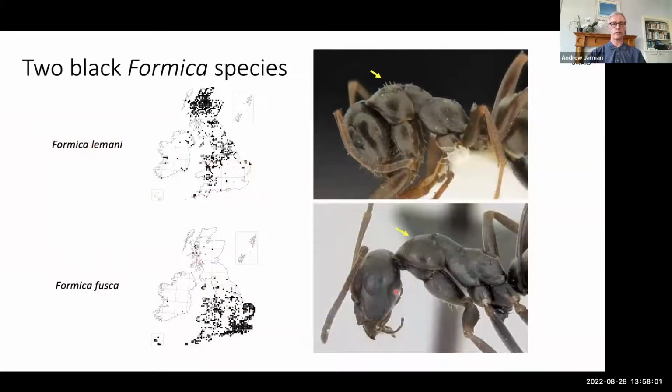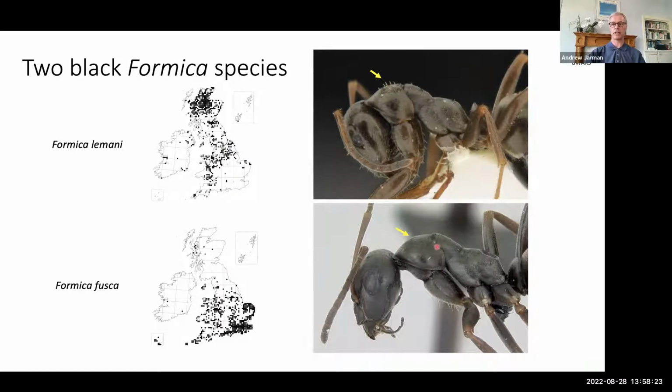Okay, so when I've talked about the black Formica species, I've mentioned both lemani and fusca, and these two are geographically quite distinct, one being southeastern and one being northwestern, but as you can see, there's a lot of overlap between them, and so you do have to be careful distinguishing these.